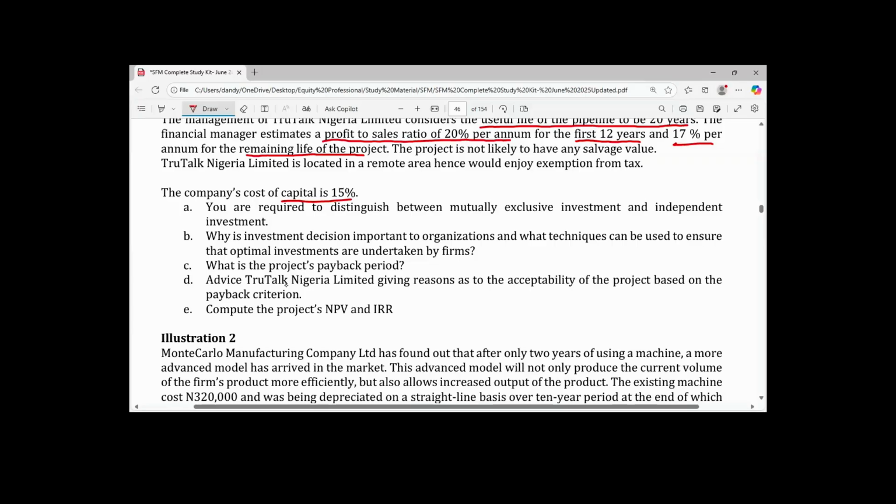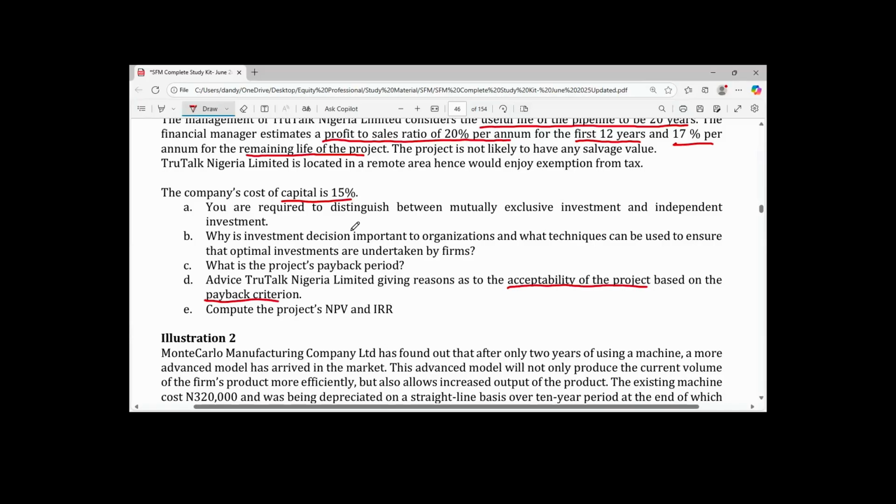C. What is the project payback period? D. Advise True Talk Nigeria Limited, giving reasons, as to the acceptability of the project based on the payback criteria. E. Compute the project NPV and IRR. Thank you very much, Charity. That is the question.